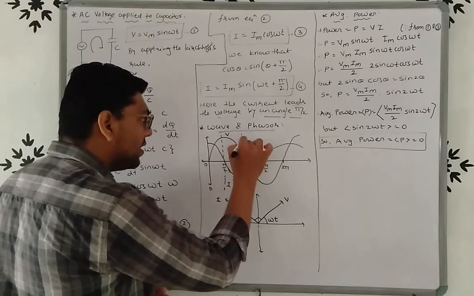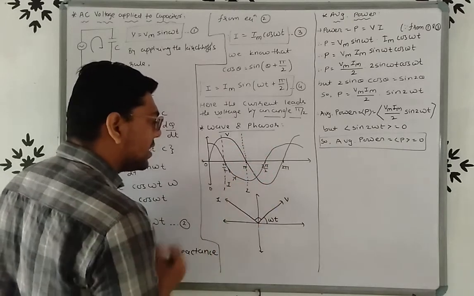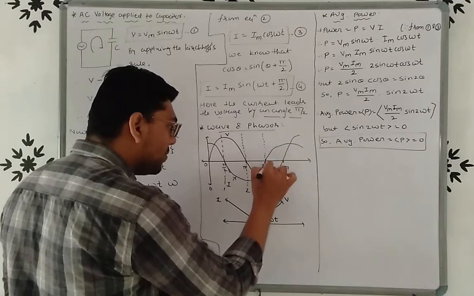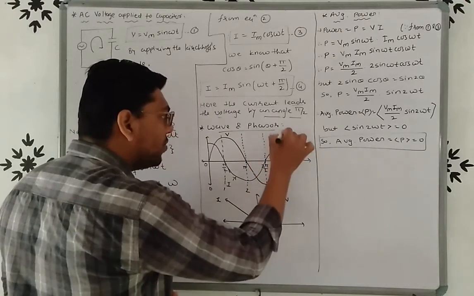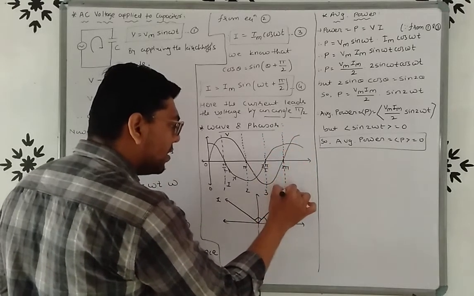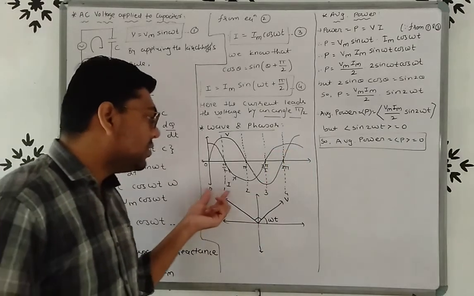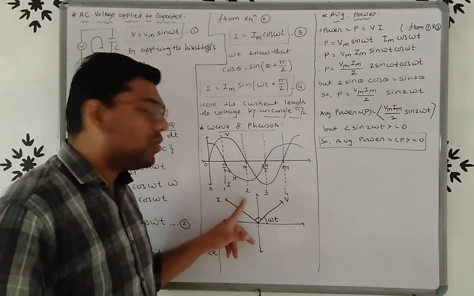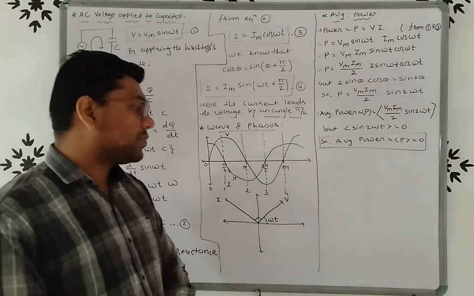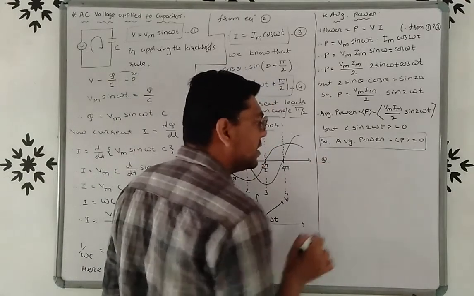See this second quarter from pi by 2 to pi. Third quarter pi to 3 pi by 2, and the fourth quarter 3 pi by 2 to 2 pi. So these are the different quarters: quarter 1 is 0 to 1, quarter 2 is 1 to 2, quarter 3 is 2 to 3, and quarter 4 is 3 to 4.